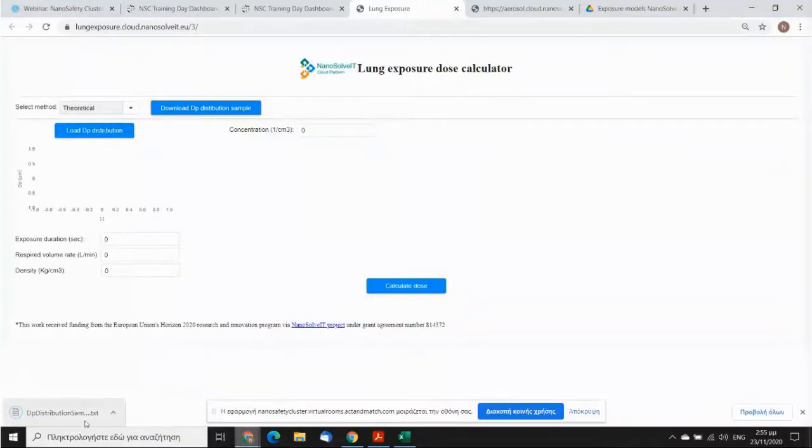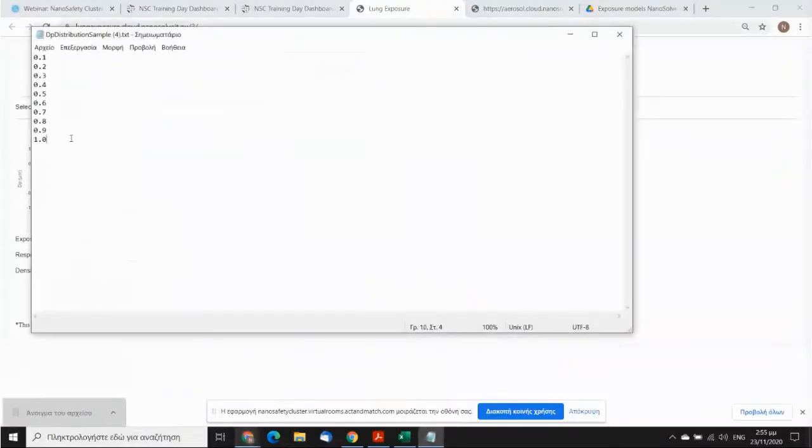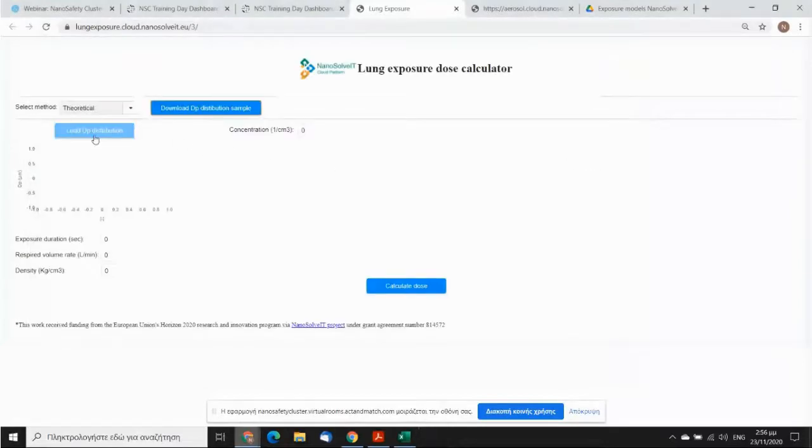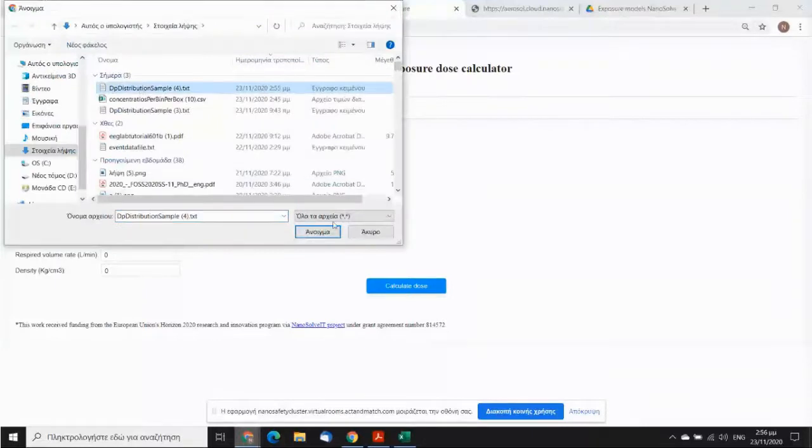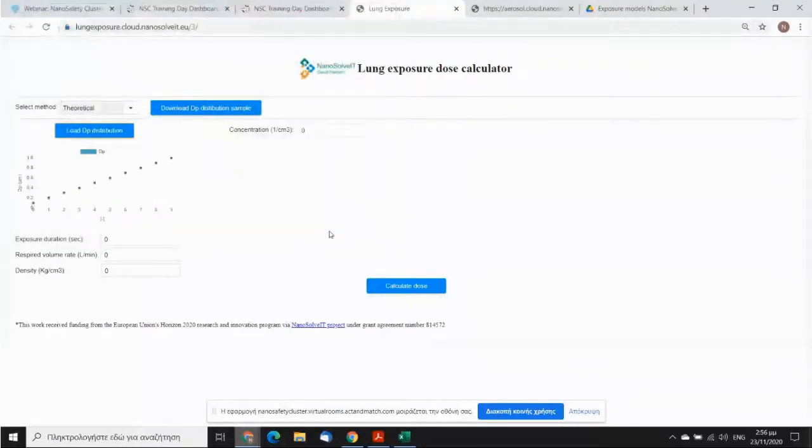If you press it and open it, you will see that it's just a plain file with the values of the different diameters of the nanomaterial. And this is what I'm going to use. So I'm going to use the DP distribution that I just downloaded. This is a very, very simple case where you have a straight line.